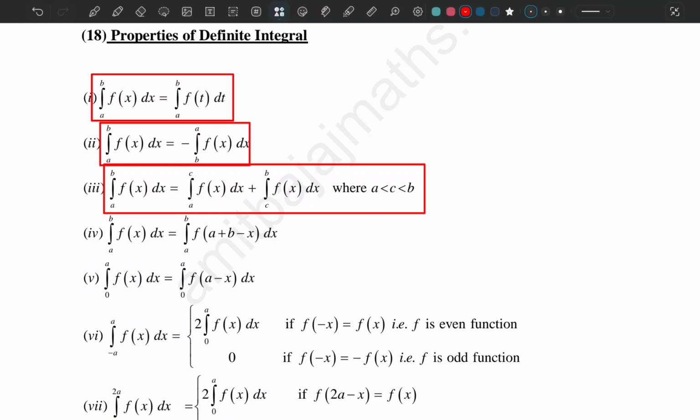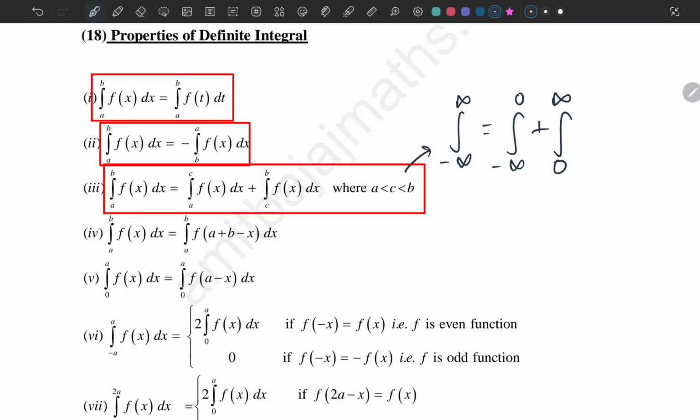Then only can you break them down. Let's say our integral goes from negative infinity to positive infinity. That can be written as the integral from negative infinity to 0 plus the integral from 0 to infinity. So that's how you do that.